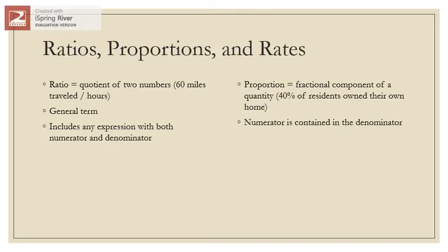Well, 40 would be the numerator, and 100 would be the denominator, because that's residents who either own their home or don't own their home. So 40 own their own home, 100 own or don't own. So the numerator is contained in the denominator. A proportion always ranges between 0 and 1, or it can be a percentage on a scale of 0 to 100%.